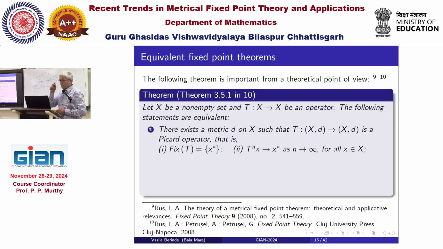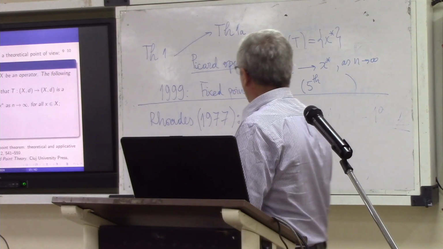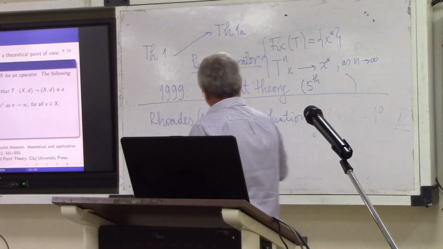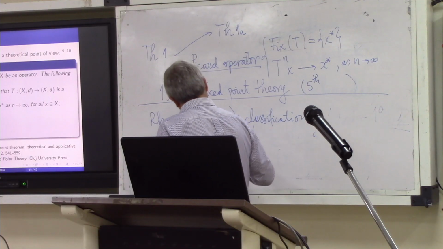But first, I want to close this section by saying that there are many contractive conditions. An American mathematician in 1977 did a classification of these conditions which arise from the Banach contraction condition, and there are mainly 25 conditions.